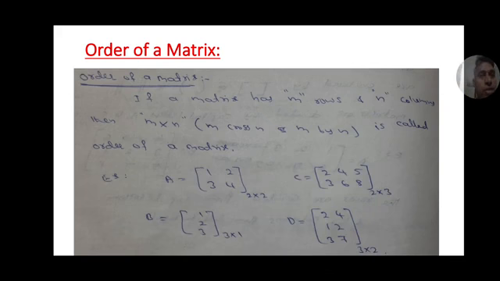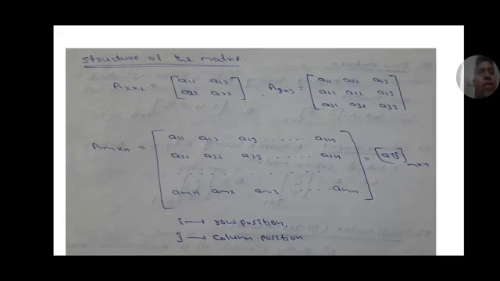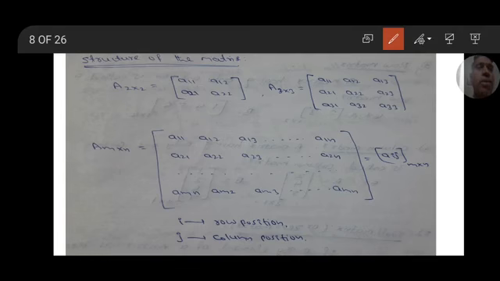Okay. Next, structure of a matrix. How to write the general form in structure? If it is a 2 by 2 matrix, means 4 elements, 2 rows and 2 columns, it can be written as A11, A12, A21, A22.